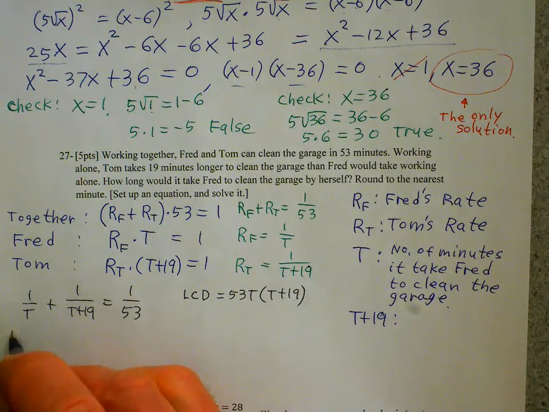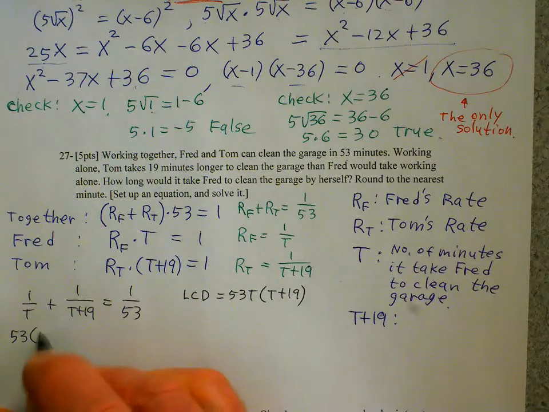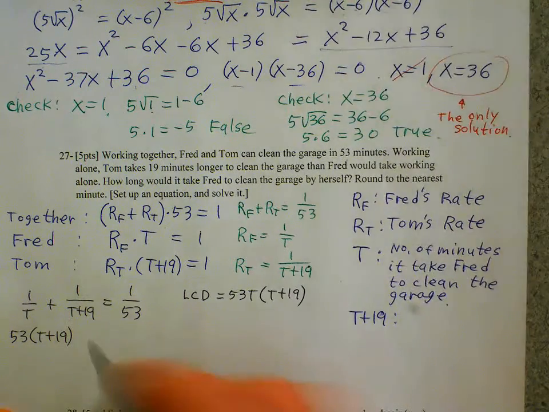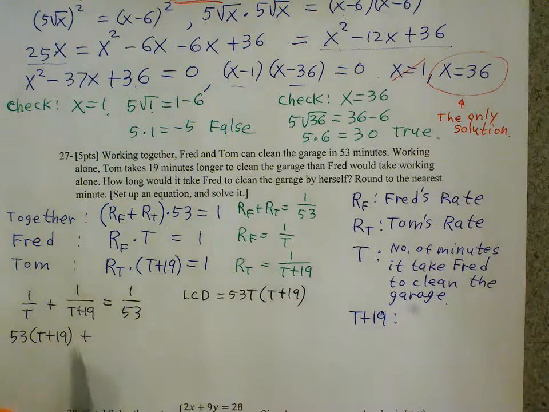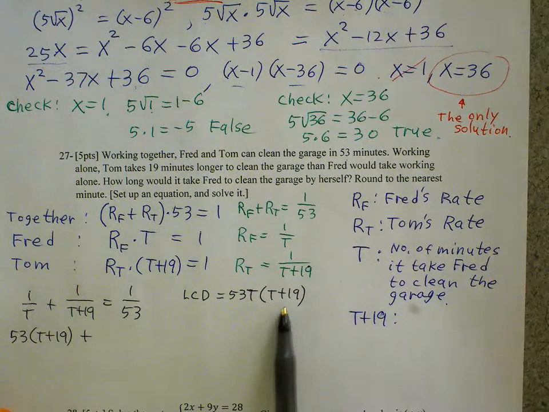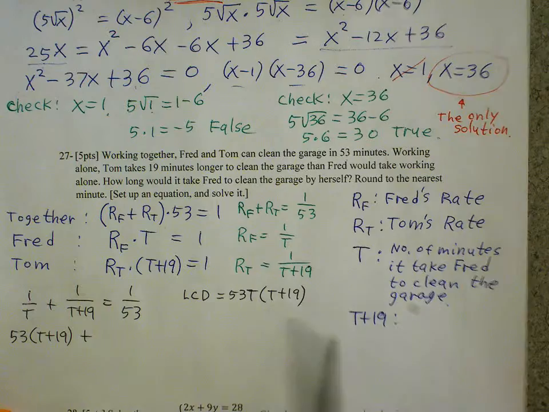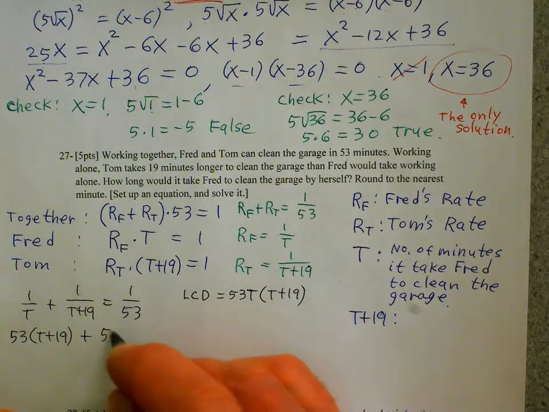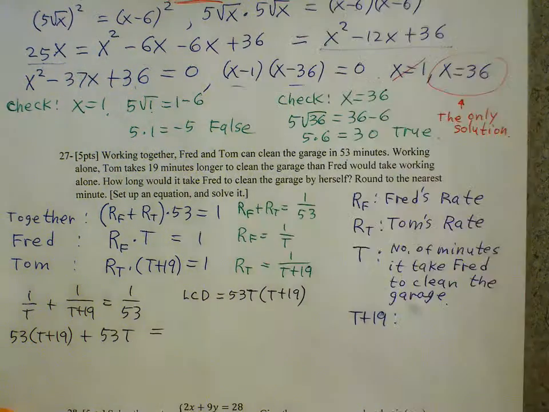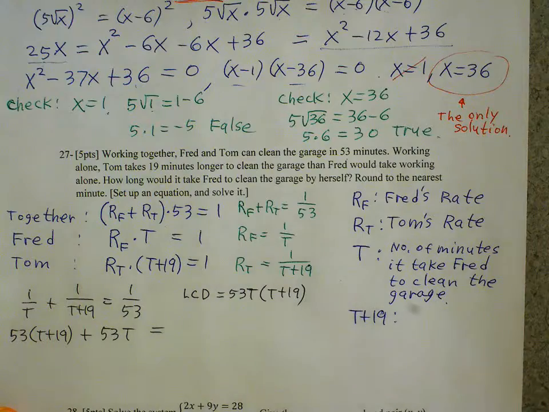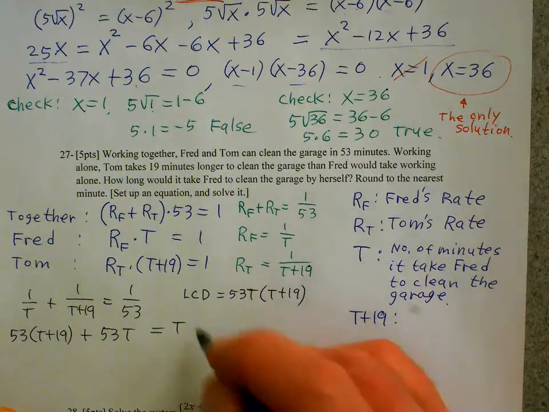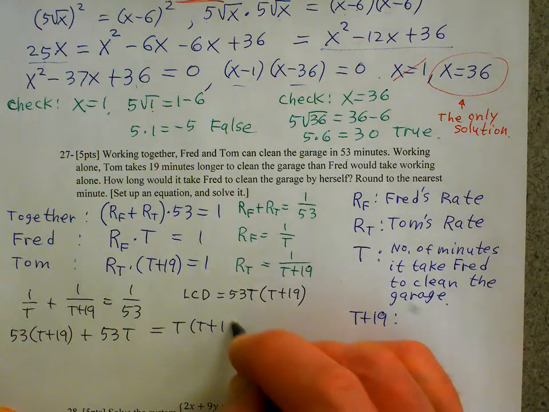So we get 53 times T plus 19. Then multiply the least common denominator by 1 over T plus 19. The T plus 19 factors cancel, so we get plus 53T. On the right-hand side, the least common denominator multiplied by 1 over 53. The 53's cancel, and we get T times T plus 19.